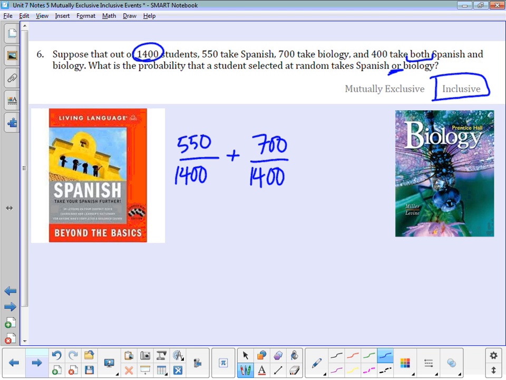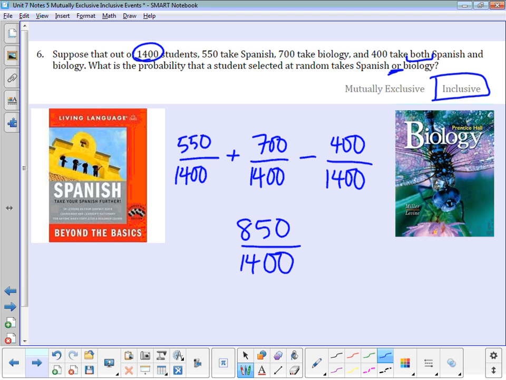But again, I have 400 that were counted in both, so I have to take those 400 away. So I'm going to subtract 400 out of 1,400 and figure that out. 550 plus 700 minus 400 is going to be 850 out of 1,400. I can reduce this fraction down to 17 out of 28.